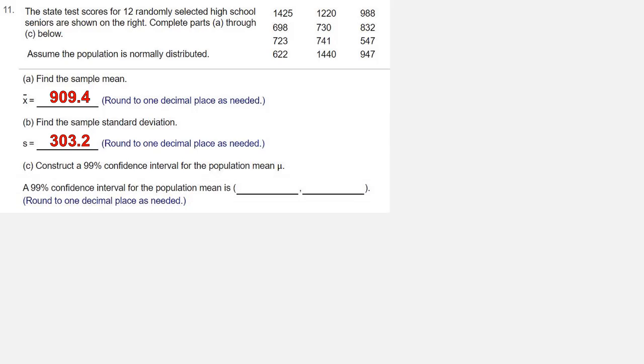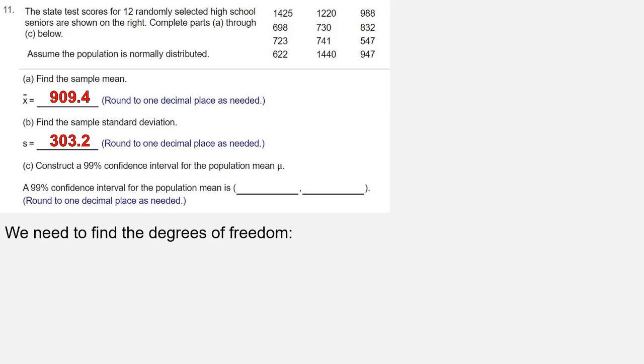Now we're supposed to construct a 99% confidence interval for the population mean. That requires us to find the margin of error. In this problem, because we don't know sigma, we only know S, the standard deviation for this sample, we're going to need to use the t-distribution, and to use the t-distribution, we have to first find degrees of freedom.